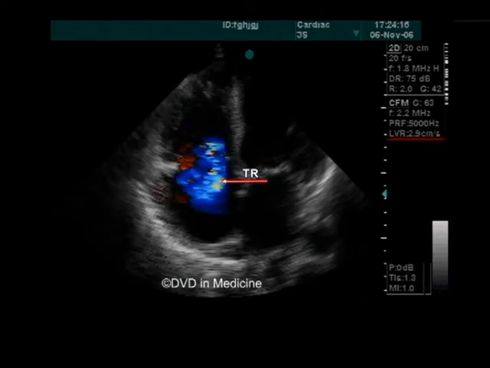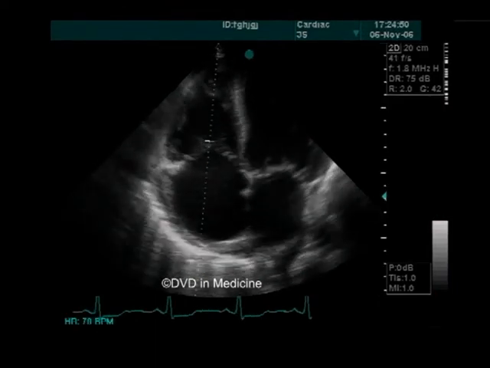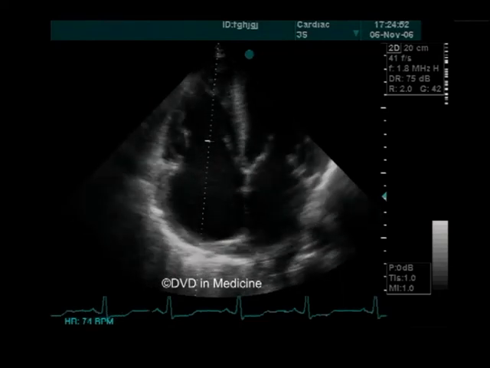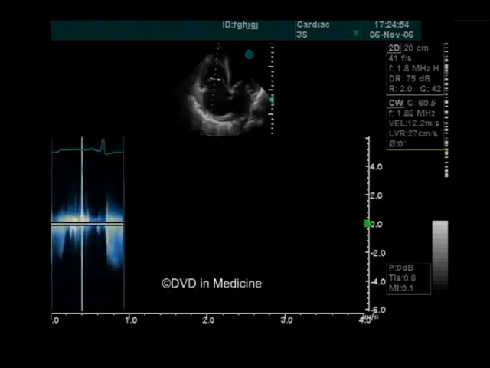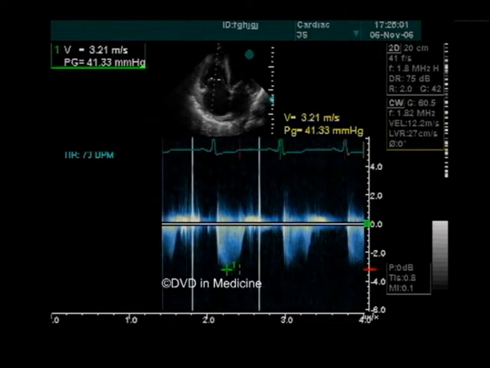This systolic pressure gradient exists between the right ventricle and the right atrium in the presence of tricuspid regurgitation. The pressure gradient can be determined by using the peak velocity of the tricuspid regurgitant jet flow. Knowing the gradient across the tricuspid valve, one must add the right atrial pressure to determine the right ventricular systolic pressure and pulmonary artery pressure.